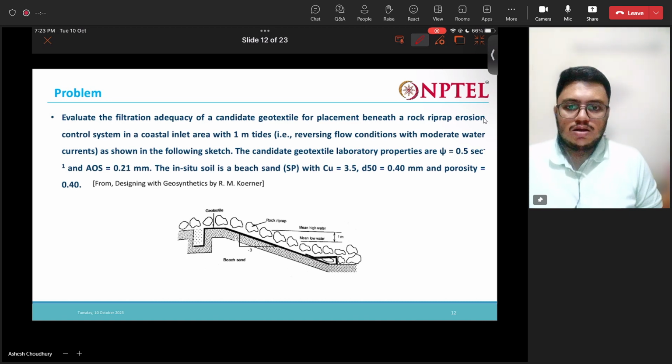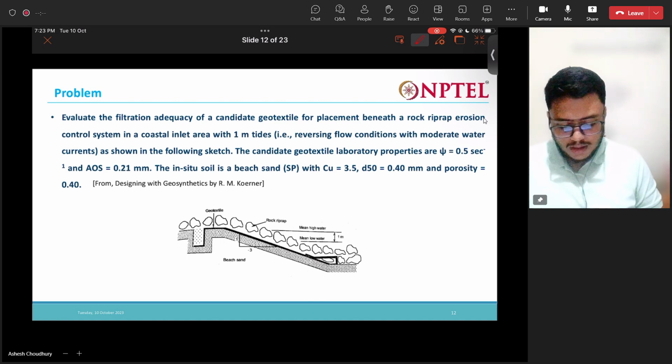First of all, you can see here that we have a geotextile that is dark black. This bold black that you see here is the geotextile. The geotextile is placed, and over the geotextile we have the riprap. The riprap is actually holding the geotextile in position, and the geotextile has also been anchored here.